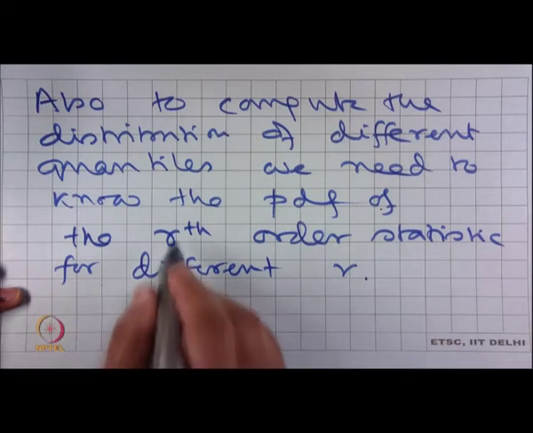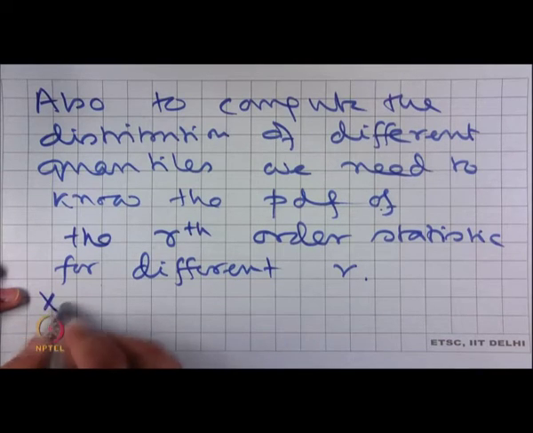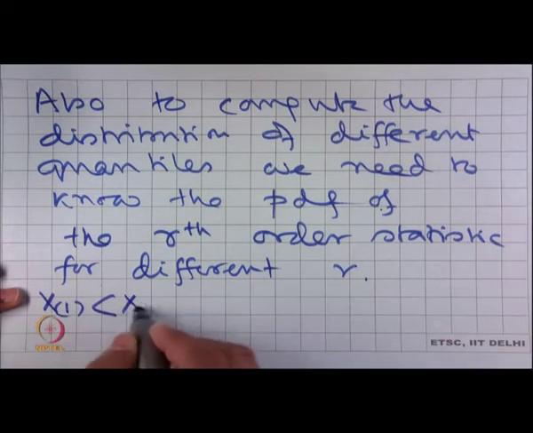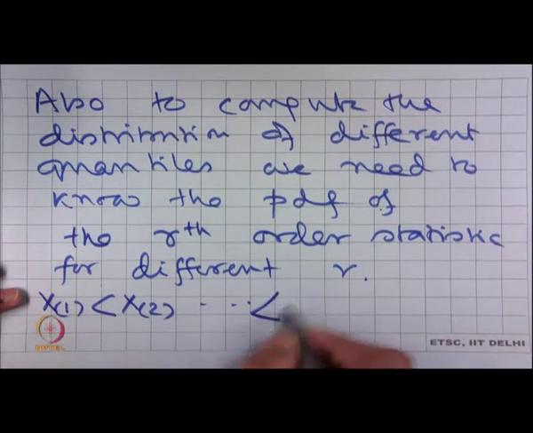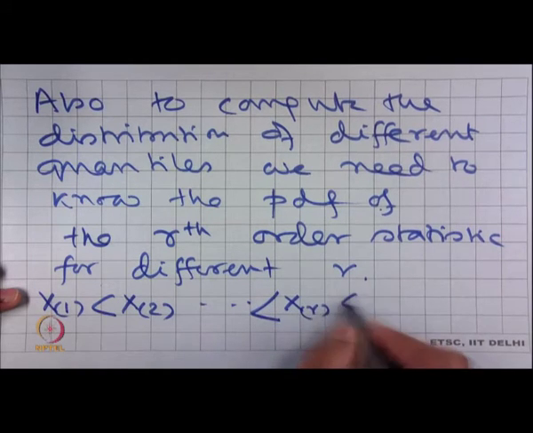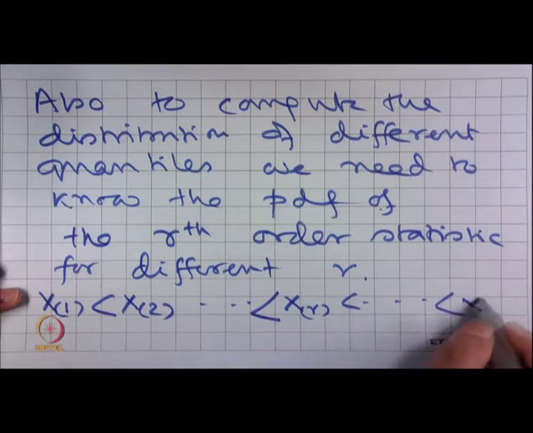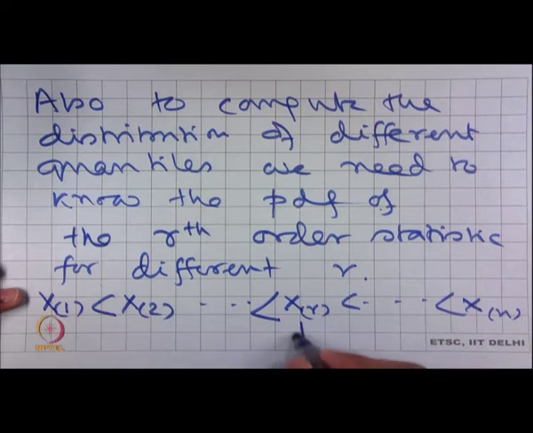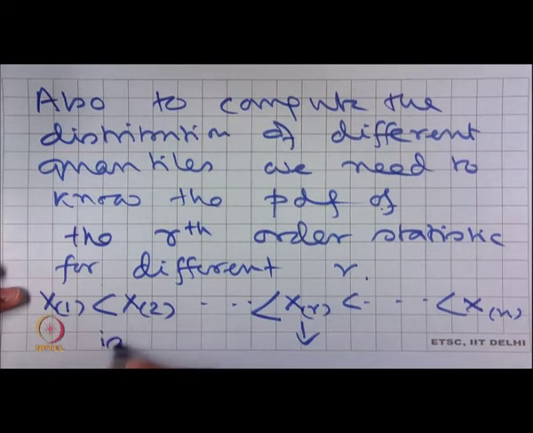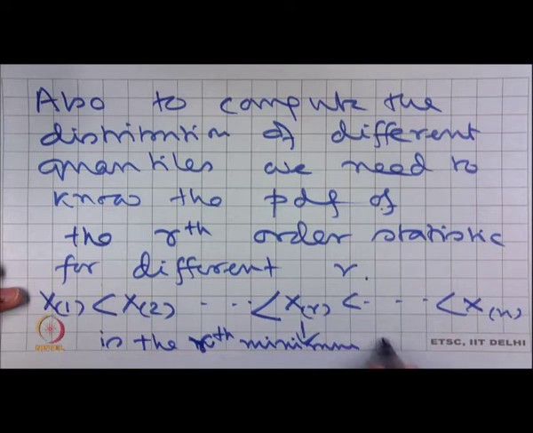What is rth order statistic? We know that x 1 less than x 2 and so on. So, rth order statistic is the rth minimum in the sample.